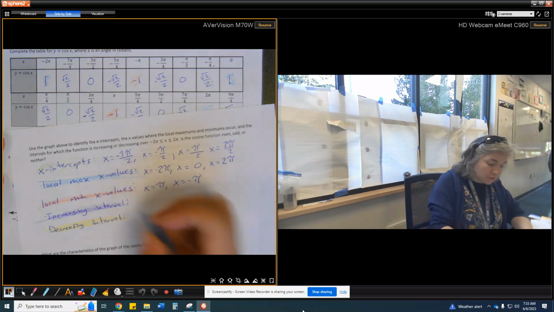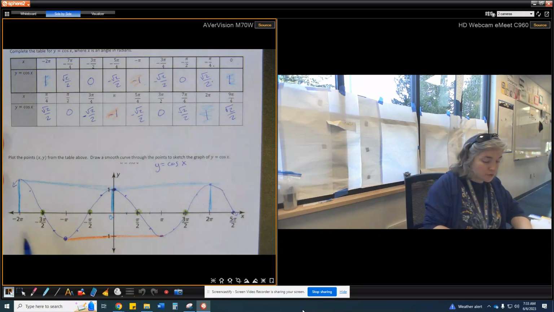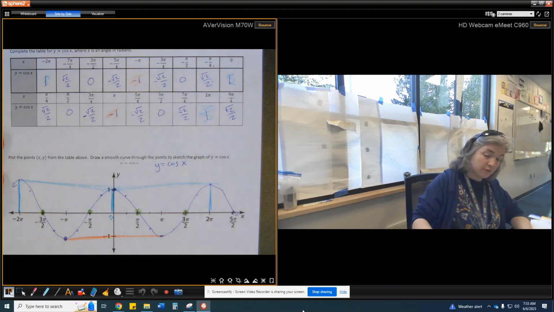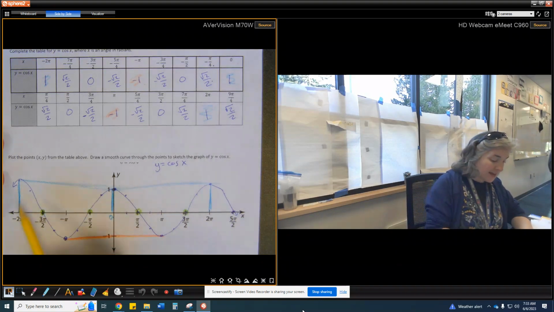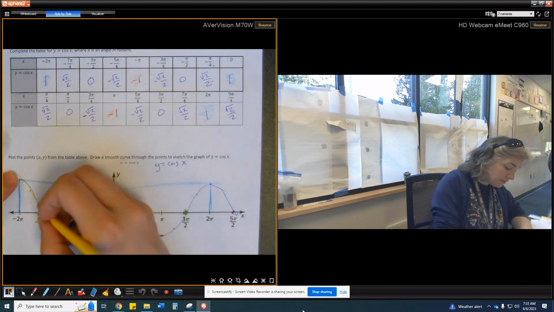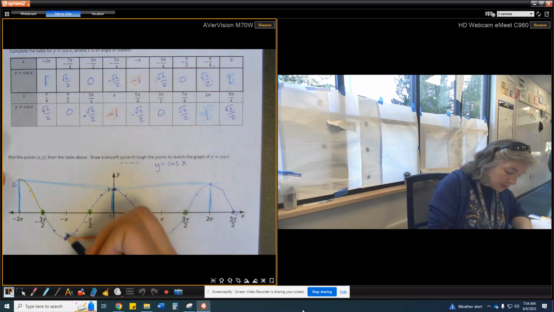Increasing and decreasing intervals. An increasing interval is when we're going up the roller coaster. Remember, we start from the left and go to the right. Decreasing is when we're going down. So if I start from negative 2 pi and work my way to the right, I can see that this is a decreasing interval. I am starting at the top of my roller coaster, going down. And then I have an increasing interval right here.